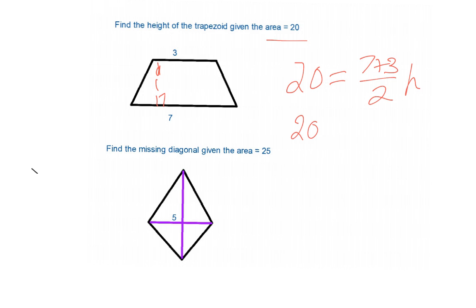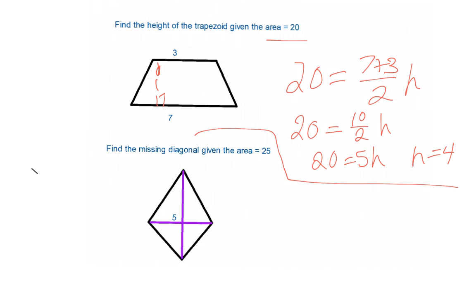So 20 equals 7 plus 3, which is 10, over 2 times h. So 20 equals 5h. Divide both sides by 5, and the height is equal to 4. That's how you would solve this one.